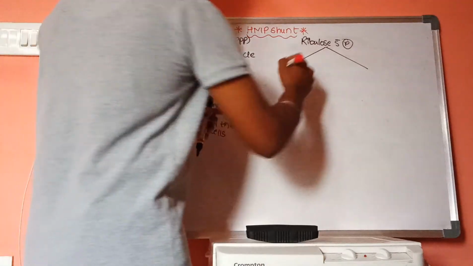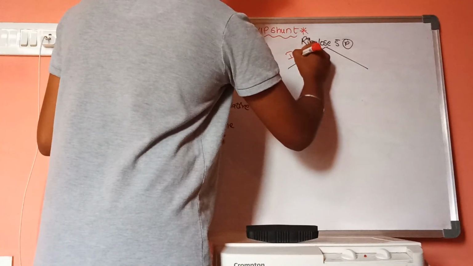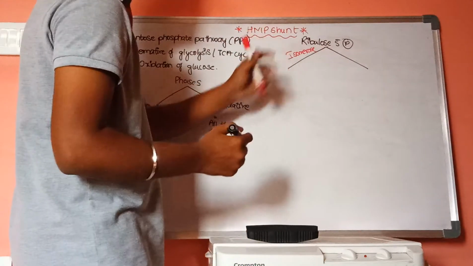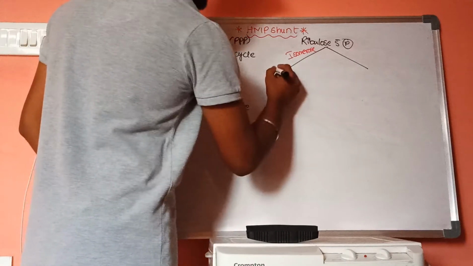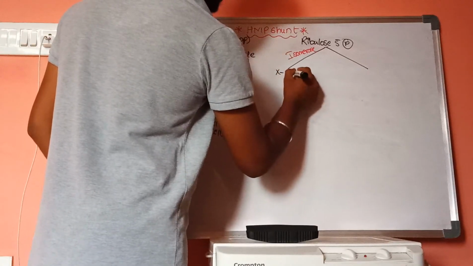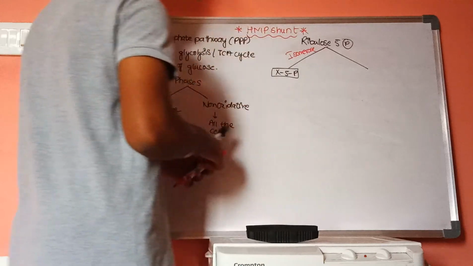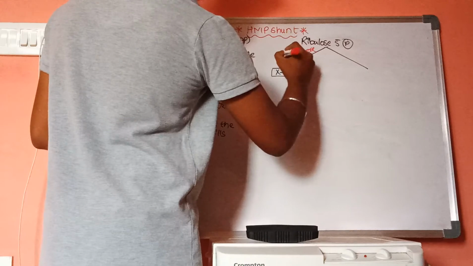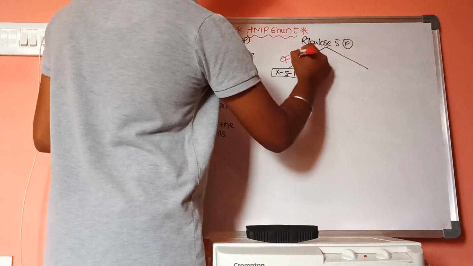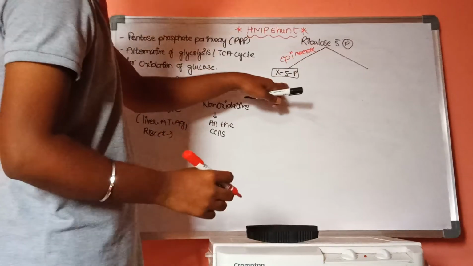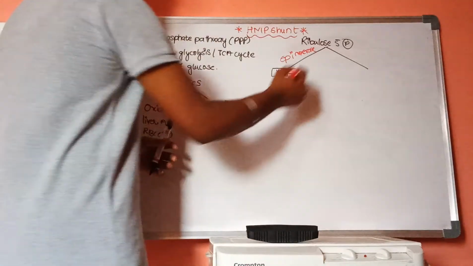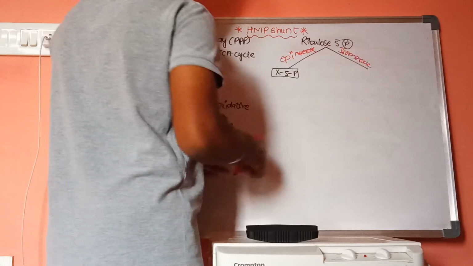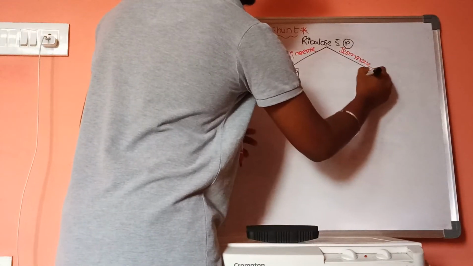With the help of epimerase it will get converted into xylulose 5-phosphate, and with the help of isomerase it will get converted into ribose 5-phosphate.